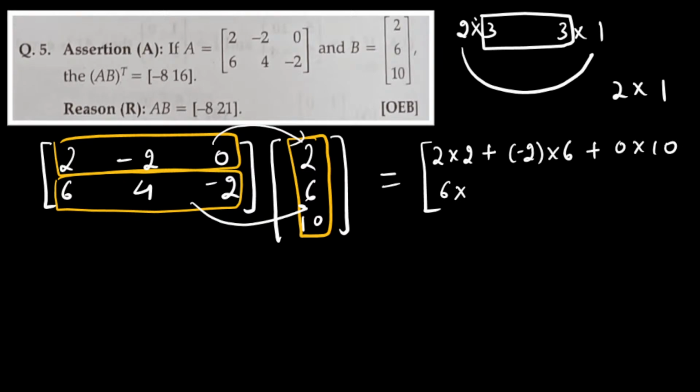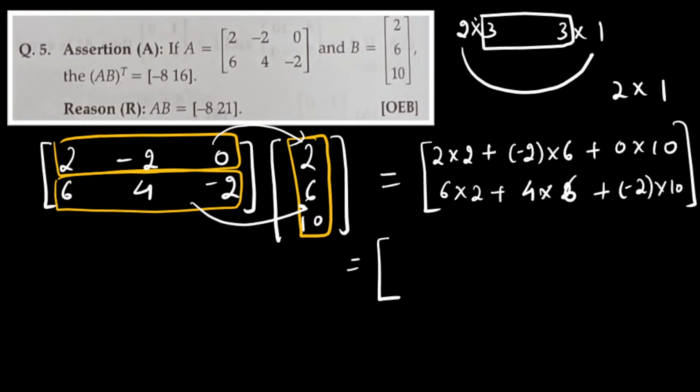Then 6 into 2 plus 4 into 6 plus minus 2 into 10. So this we have to do. If you're doing it before me, you can post the answer. What is the answer of matrix AB we are getting?